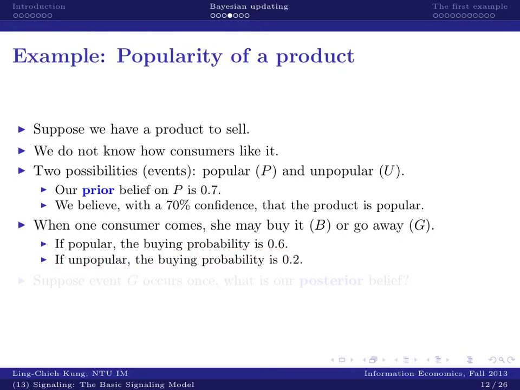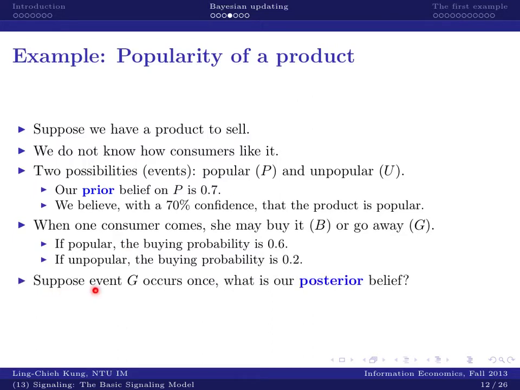But if the product is actually unpopular, then the buying probability is 20%. So here, I need to assume these two numbers are given and fixed. I somehow just know it. Okay? I know these two probabilities. The only thing I do not know is whether my product is popular, whether my product is the good product.